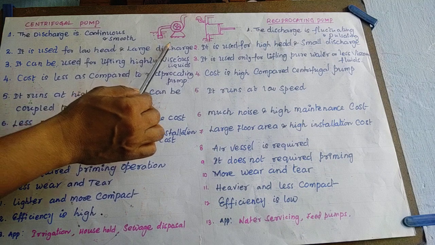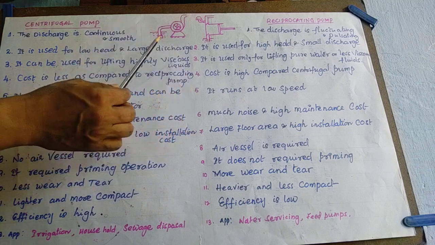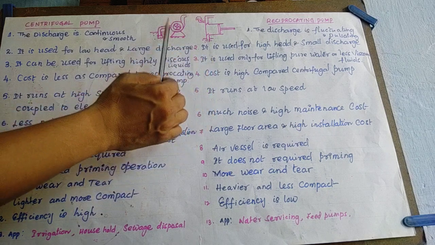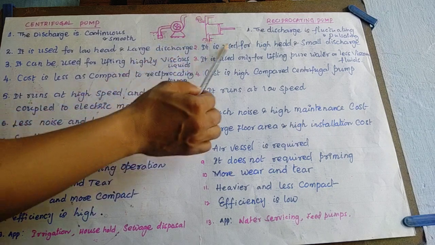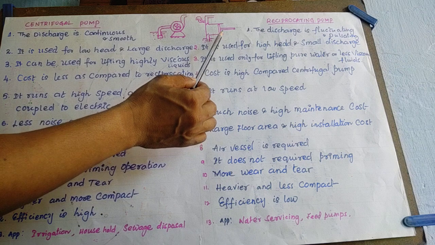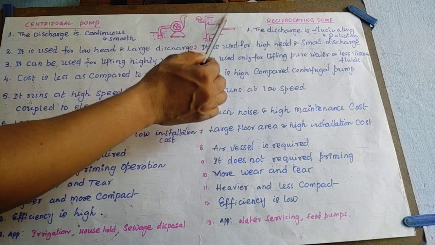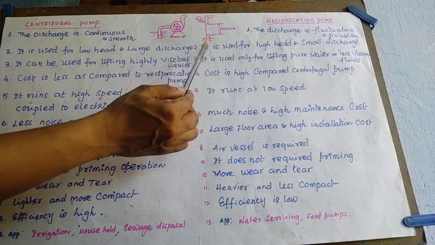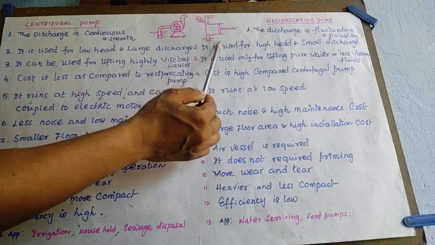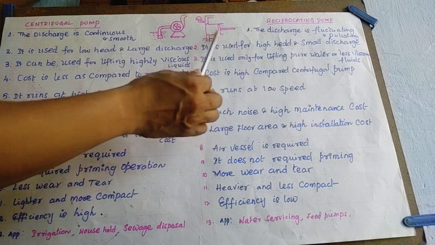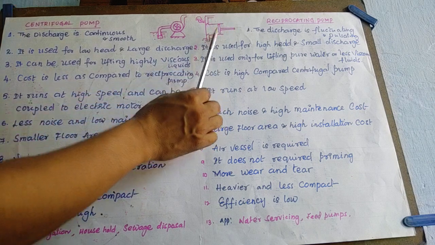At the same time, the cost to install these machines is also less, but as compared to this one, this occupies almost 4 to 5 times more area, and due to that, the installation cost for this reciprocating pump is also high because of that reason.